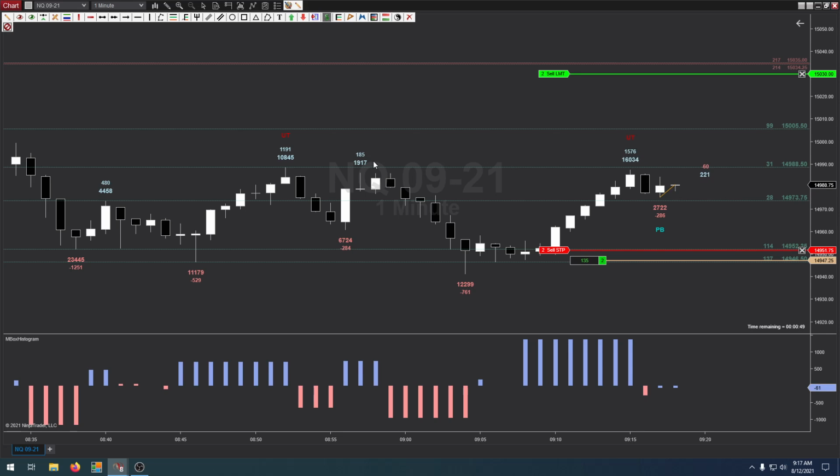Need to get above this high right there and close. One thing that looks like a possible sign of weakness to me is you look at these numbers right here, this swing high, the numbers here, that's a ton of effort right there to not get much higher than this.